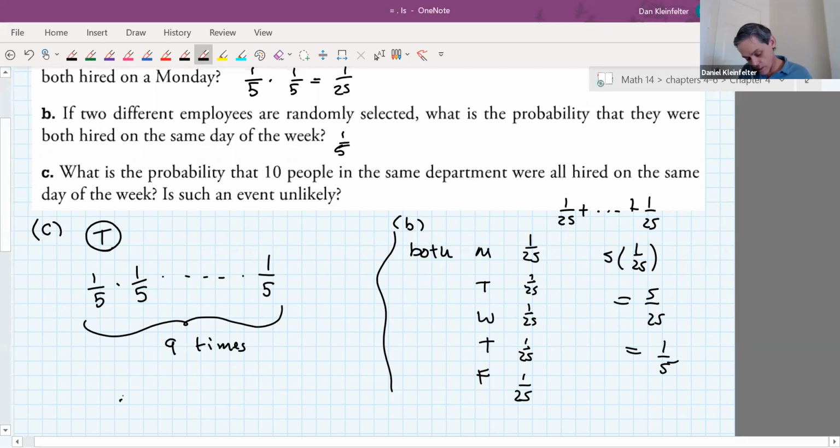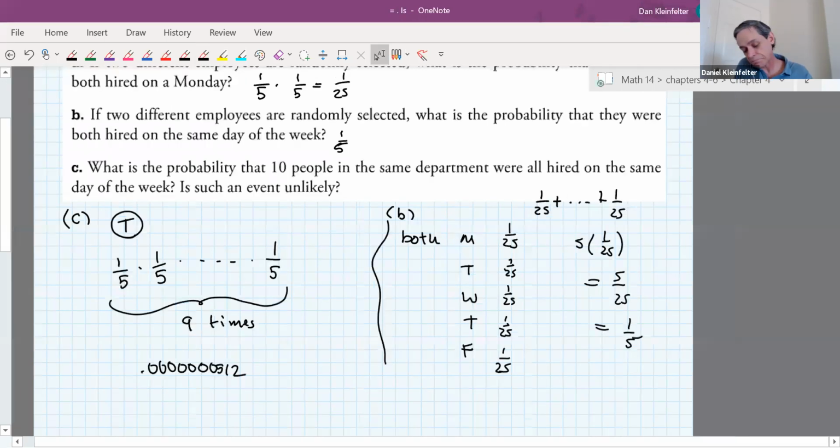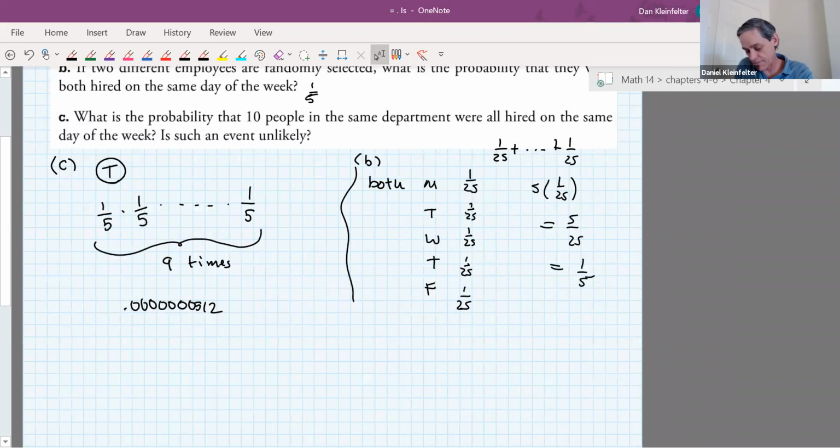It's 0.0007 with zeros, and then 512. All right, so a super small chance that all those people were hired on the same day.